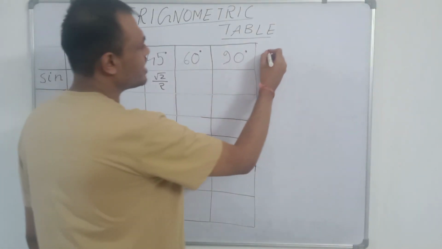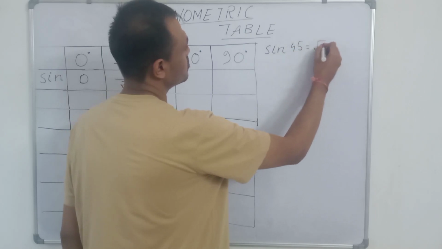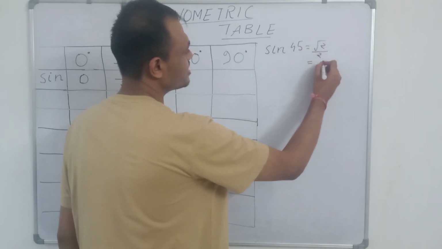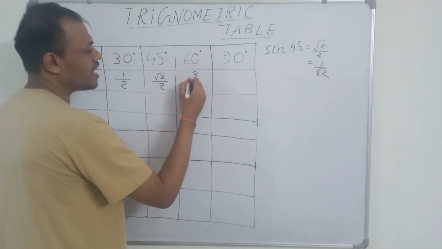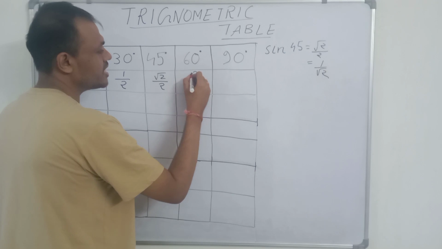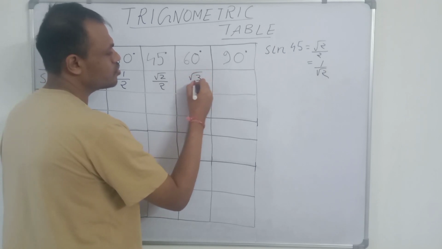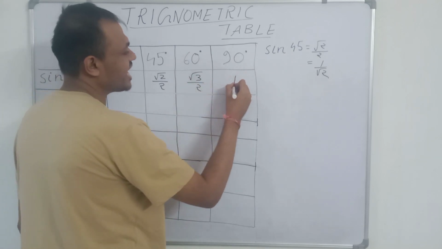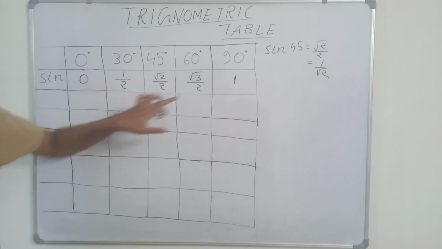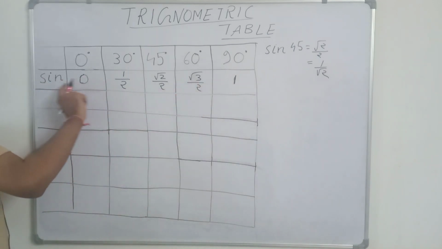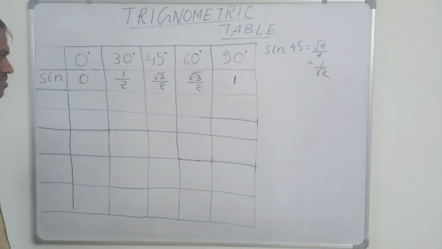This can also be simplified to 1 upon under root 2. Sine 60 is equal to root 3 upon 2, and sine 90 is equal to 1. So sine theta increases from 0 to 1 for 0 degree to 90 degree.